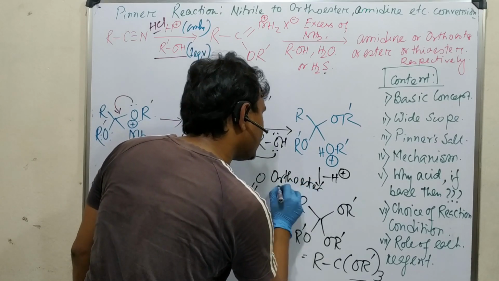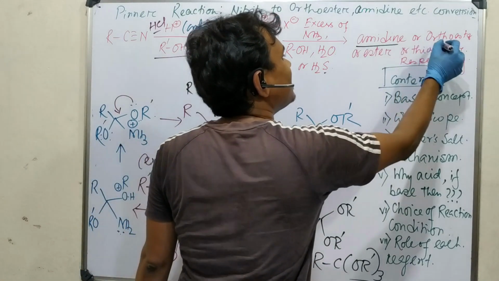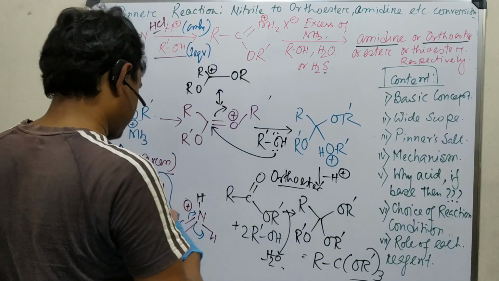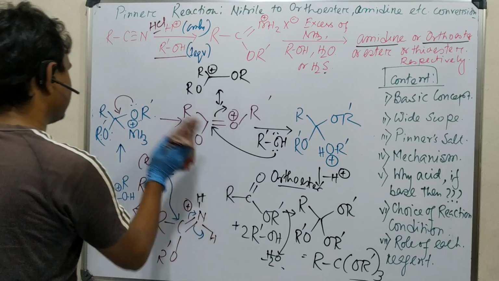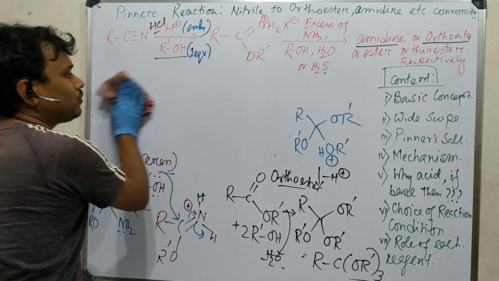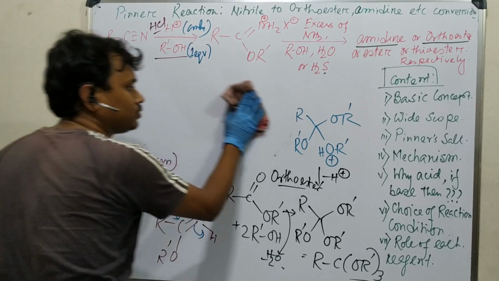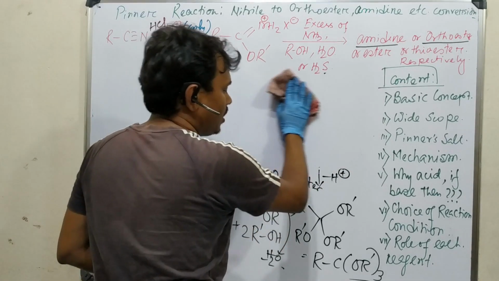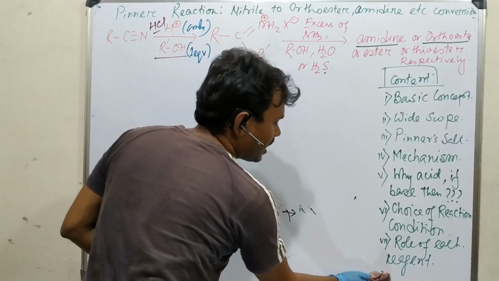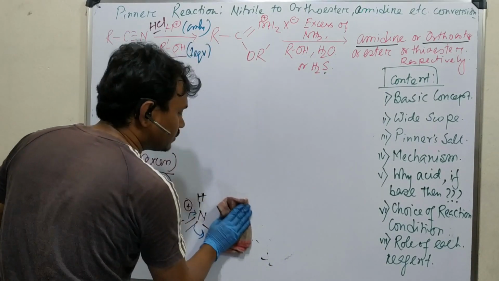So previously we discussed amidines. Now we have discussed ortho-ester. Now the interesting part started. So till now what have we learned? Whatever nucleophile is present in the medium, whether it is alcohol or excess ammonia, ultimately the product will be governed by that.